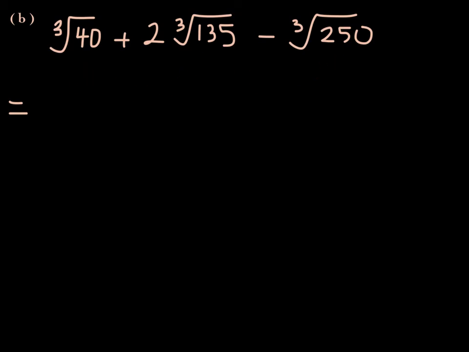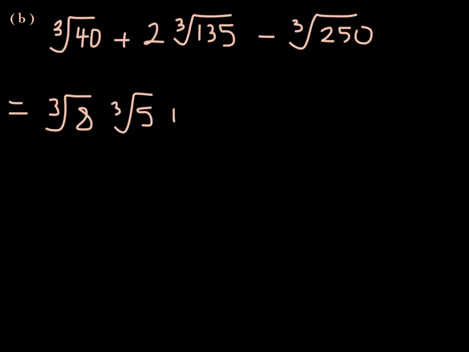So these are not like radicals right now, but maybe after we simplify them, we'll see we do have like radicals. I'm going to rewrite the cube root of 40 as the cube root of 8 times the cube root of 5. Remember, you want to split 40 up into two factors where one of them is a perfect cube, and 8 is that perfect cube.